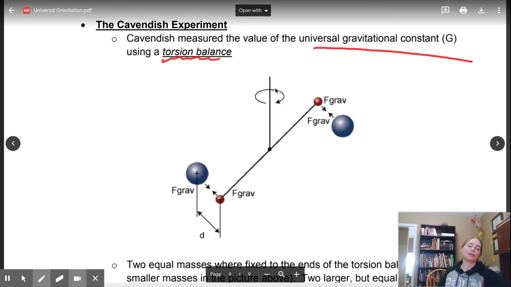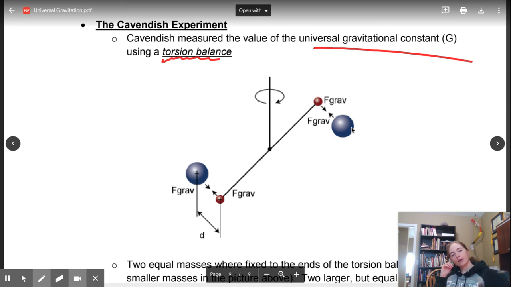He hung a bar from a very flexible wire, so that this bar, which had two masses on the ends, was balanced and would hang perfectly still, but it could rotate freely. Once it was hanging perfectly still, he put masses here.